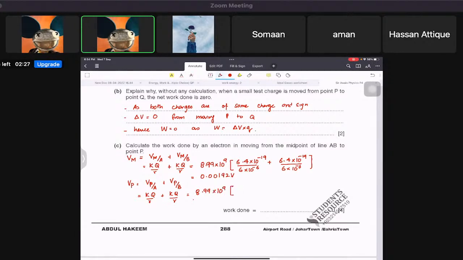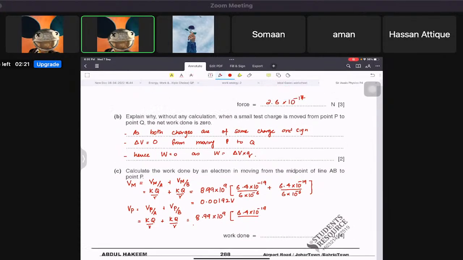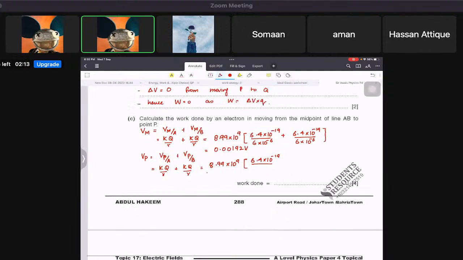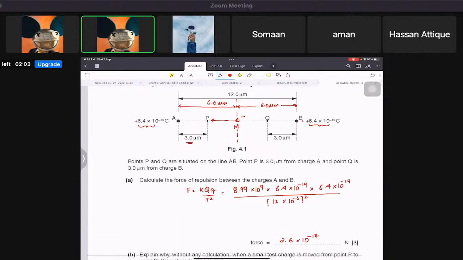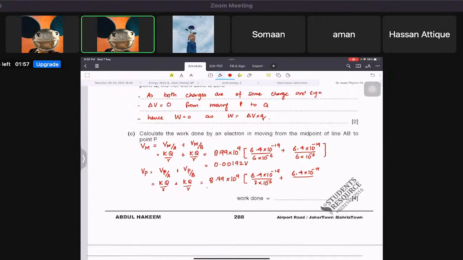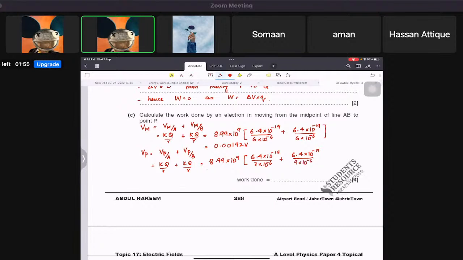Here we're going to get Q, so the charge was 6.4 times 10 raised to minus 19, but the distance of A from P is 3, not something else. So we have to take 3 times 10 raised to minus 6, and plus 6.4 times 10 raised to minus 19, and the distance of B from P is basically this much, which is 9, I believe. So that's going to be 9 times 10 raised to minus 6 whole square.